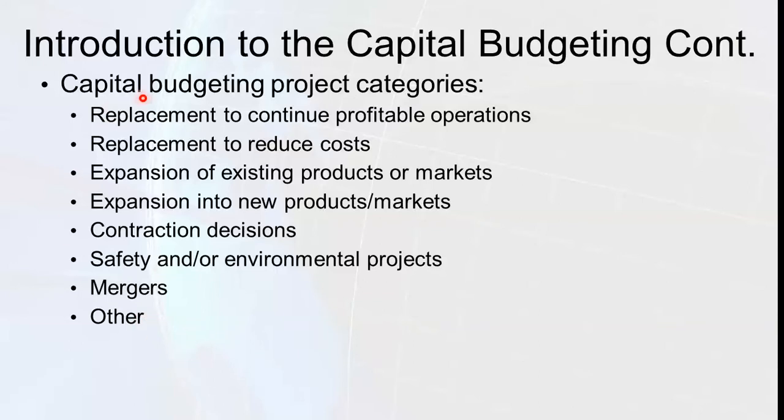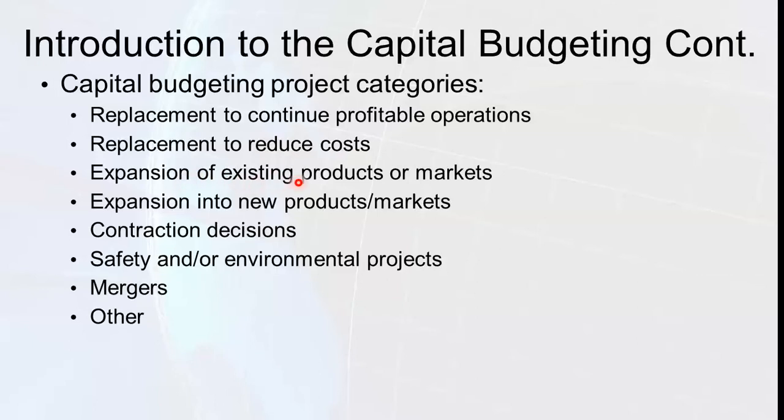Okay, capital budgeting project categories. There are different categories of capital budgeting projects. They include replacement to continue profitable operation, replacement to reduce cost. For example, you are replacing an old machine with a new machine so that it can reduce the cost of maintenance.